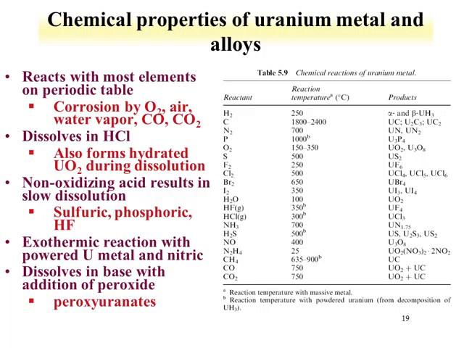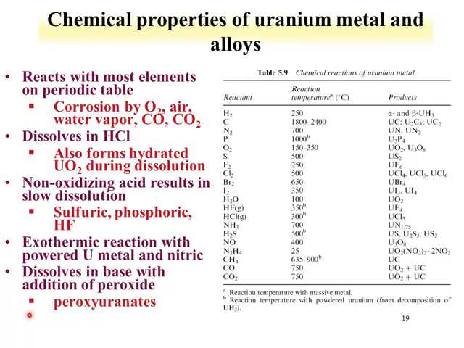The metal dissolves in HCl, and non-oxidizing acids can result in slow dissolution. The metal, especially if it's powdered, with large surface area, forms lots of heat when it is dissolved in nitric acid, and it can dissolve in a base with the addition of peroxides.